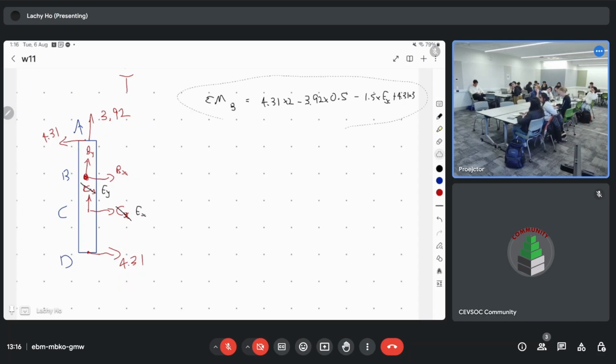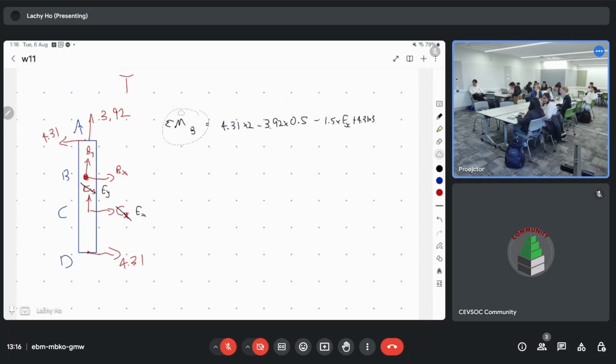Oops, I didn't leave enough space. So the sum of the forces equals 0, and then we get this equation here.